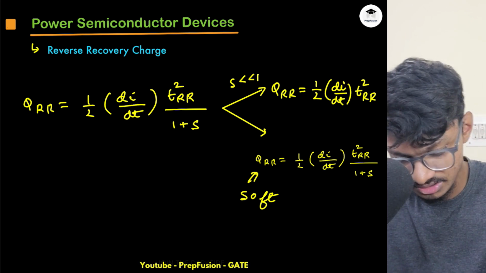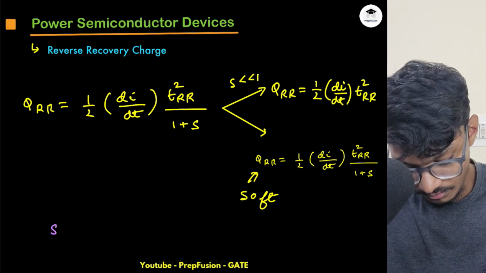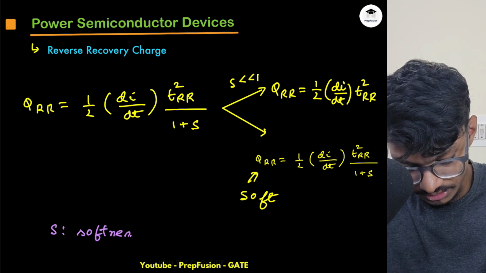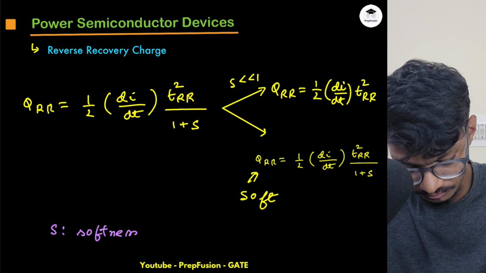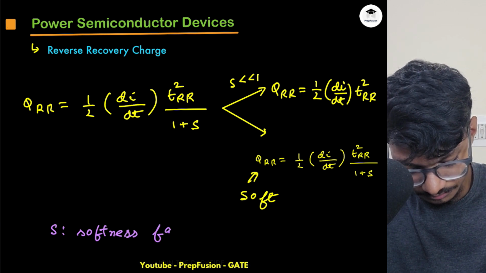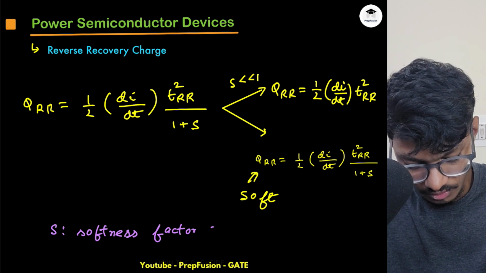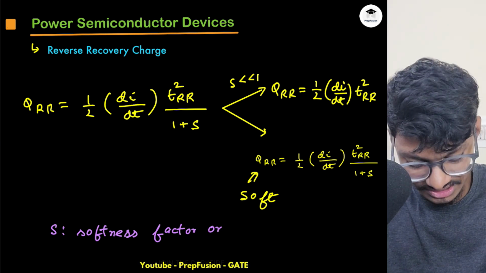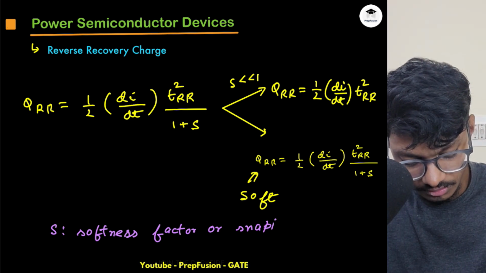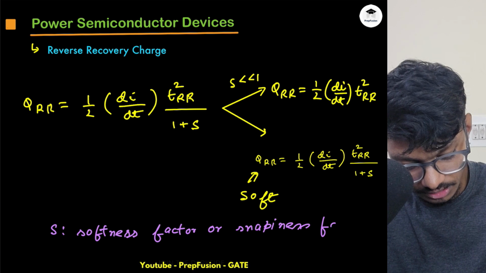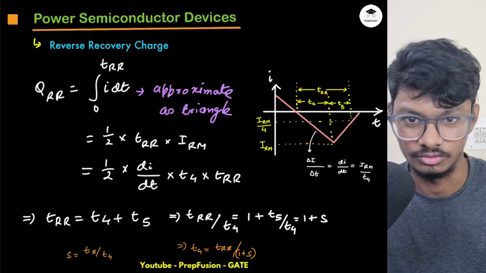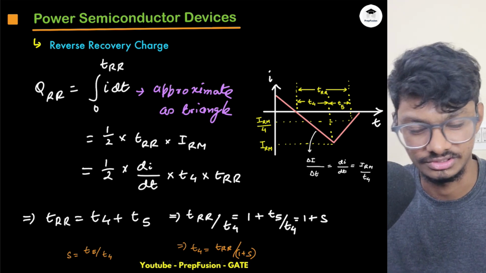So S is known as the softness factor or the snappiness factor. These are just names and not that important from the GATE point of view, but important for other examinations. Anyway, in GATE you can derive it in seconds, integrating the area of all this. We have studied this in mathematics, so don't worry.